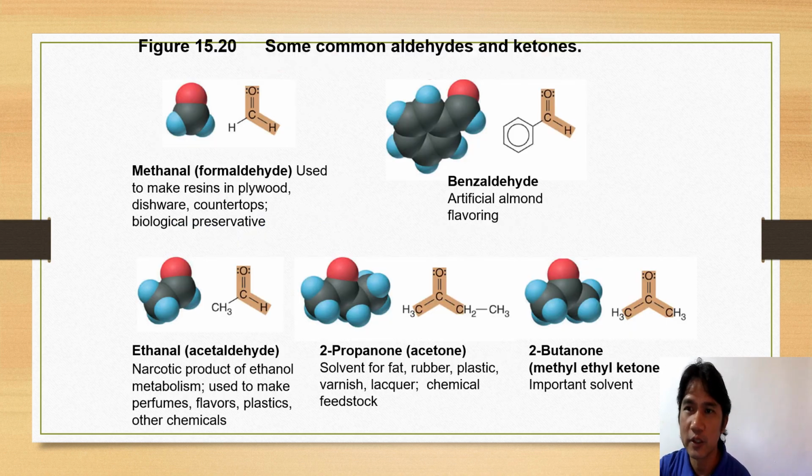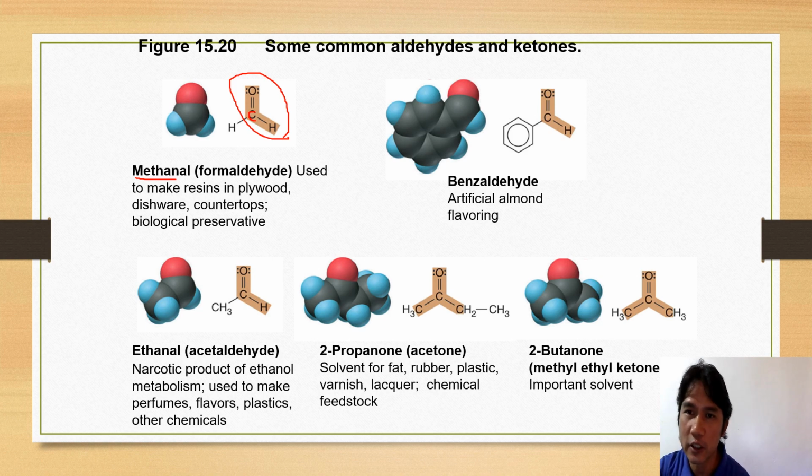These are some examples of aldehydes and ketone. As I said, methanal, that's the simplest aldehyde, commonly known as formaldehyde. It has only one carbon. Bonded to this itself is the functional group of aldehyde.